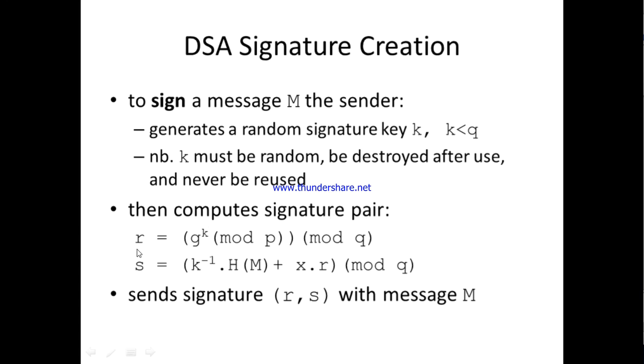Then it computes the signature pair, and as I told you, two values will be generated, R and S. R is G power K mod P, and then mod Q. S will be generated by applying K inverse multiplied by H of M, the hash value, plus X into R. That value will be in the mod Q range.